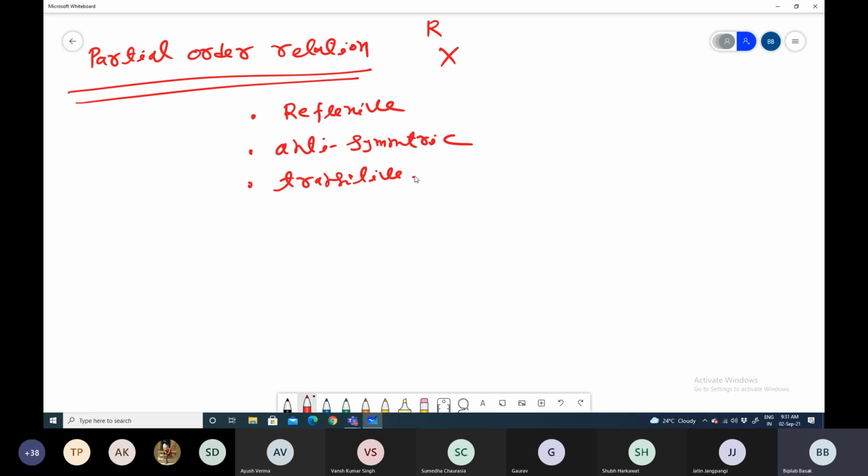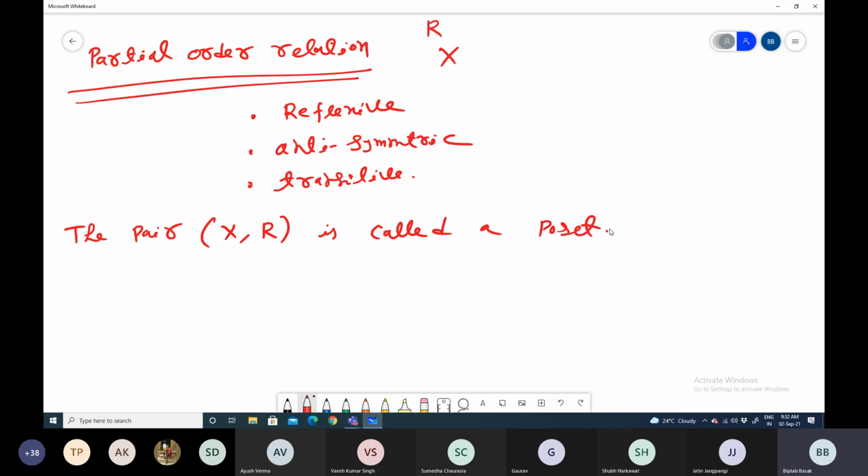So if a relation R on a set X satisfies these three properties, then we say that the relation is a partial order relation, and the pair (X, R), that means the set X with the partial order relation R, is called a poset.